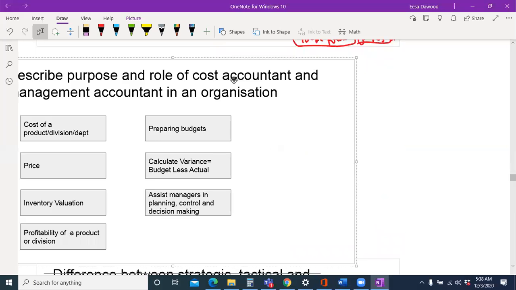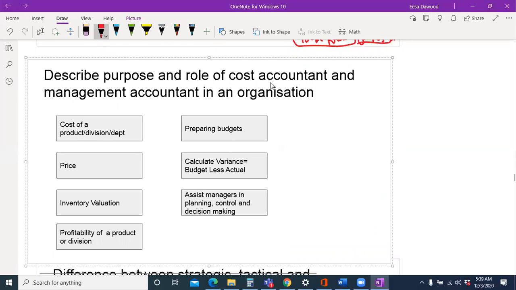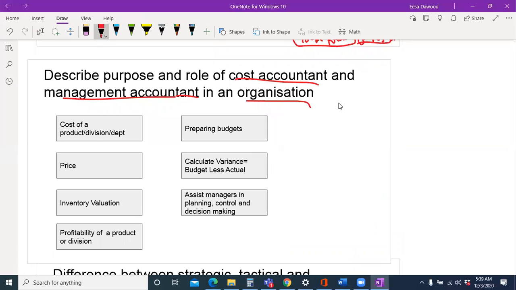Now we are going to discuss how, since you know that by the end of this you'll be a cost accountant, and in F2 you would know how to become a management accountant in an organization. After you do your ACCA, practically you'll be preparing budgets, working in departments calculating the cost or price, doing the inventory valuation, assessing product profitability, division profitability, and at times setting the selling price as well.